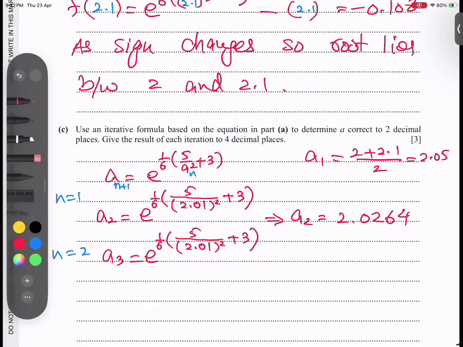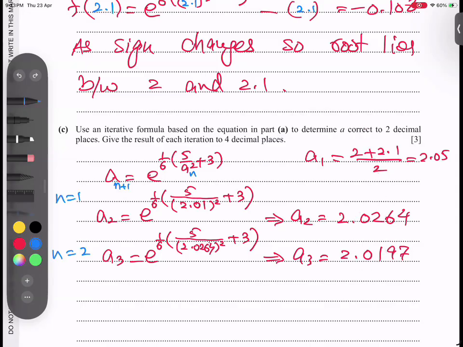But this value I will take from here, 2.0264. So I'm getting the answer a3 is 2.019697. We have to check it to 2dp, but 2dp still does not match.